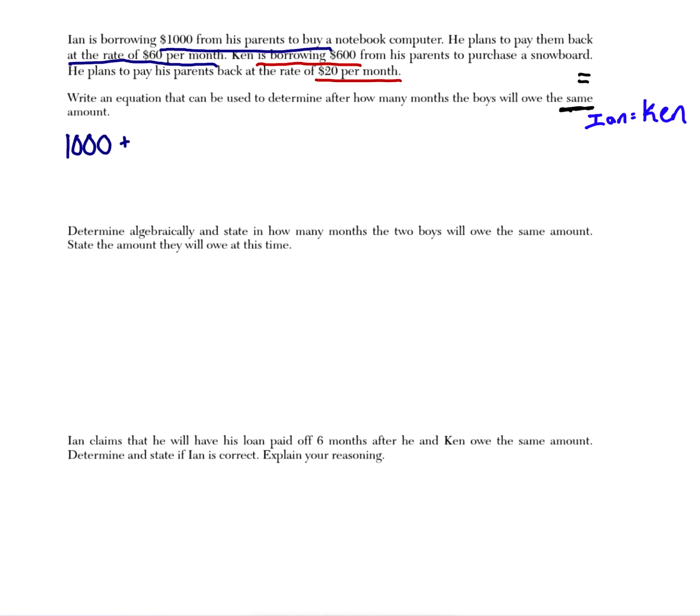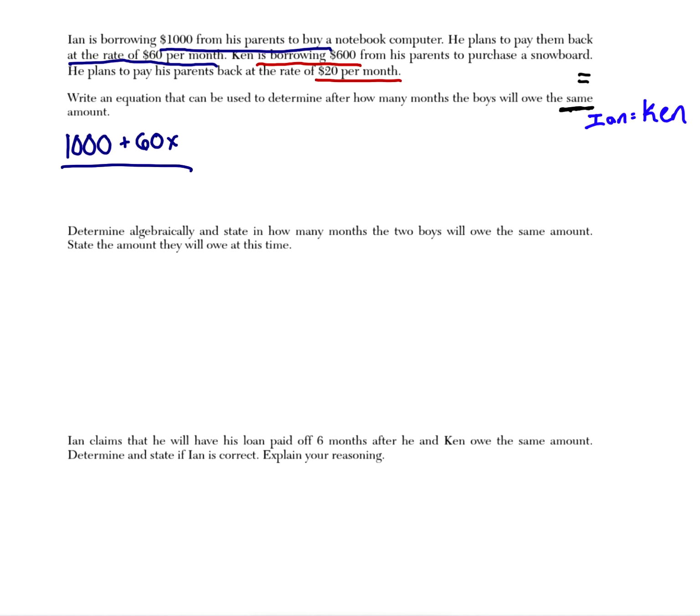They say plus 60x here. But think about you being Ian. If you're paying your parents off $60 a month, and you add 60 to how much you owe them, you're just technically owing them more. So after 1 month, if we're trying to write how much is being owed, you're gonna owe them $1,060.